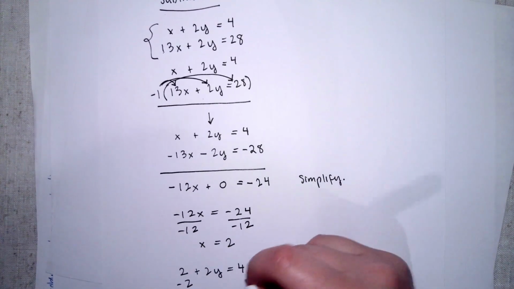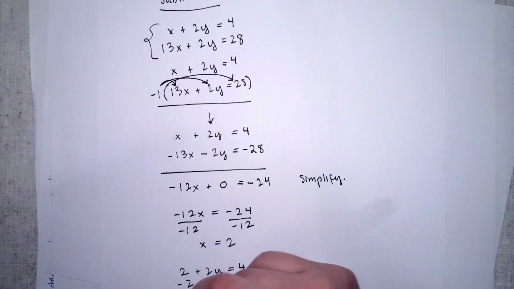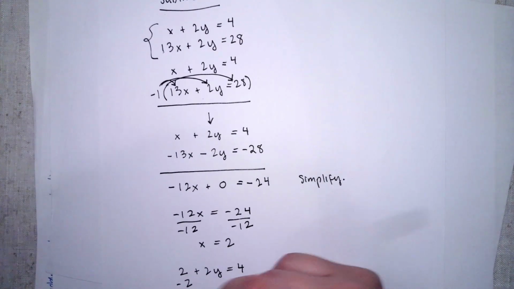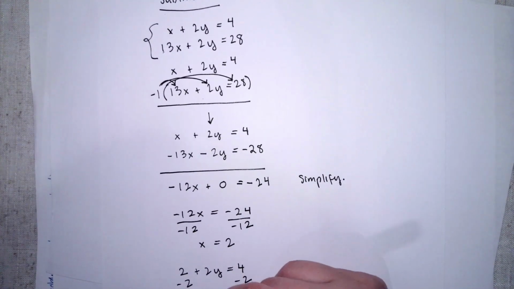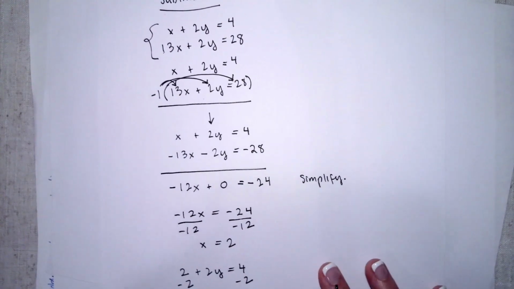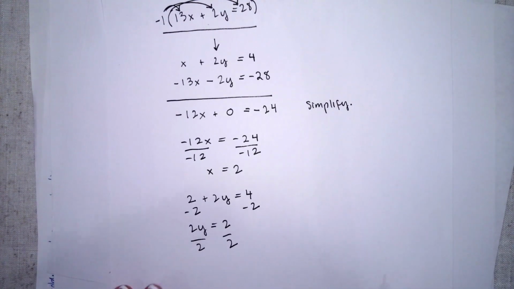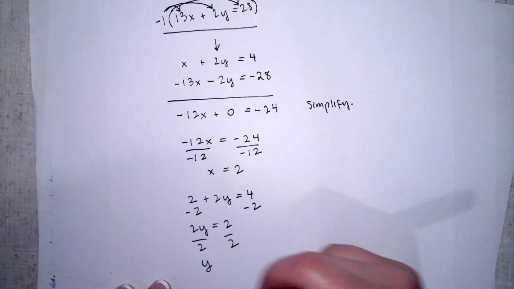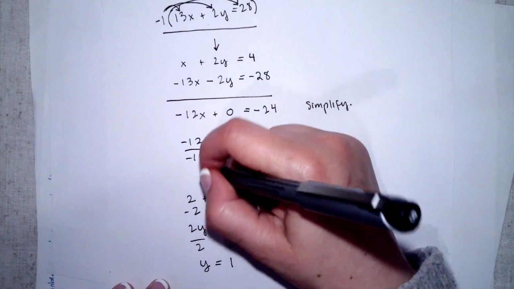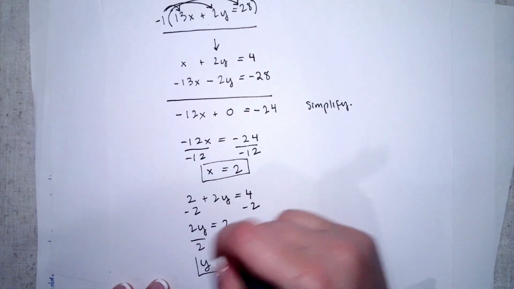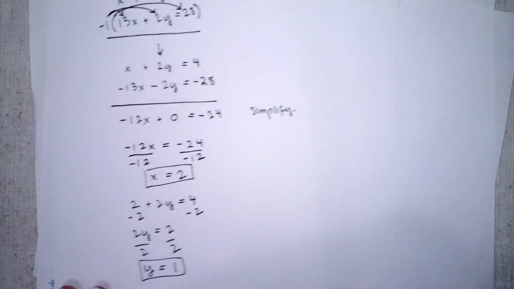I'm going to subtract 2 on both sides to isolate the y. Okay, and that's going to be 2y equals 2. Divide by 2 to isolate the y. And finally, we're going to get y equals 1. So we have our two variables, and now we have to check our work.